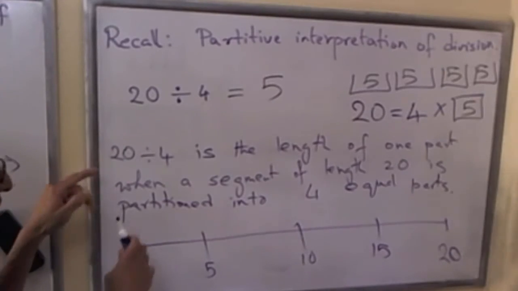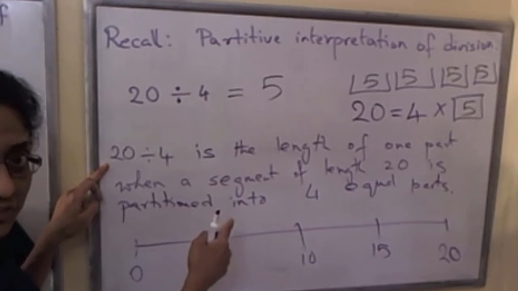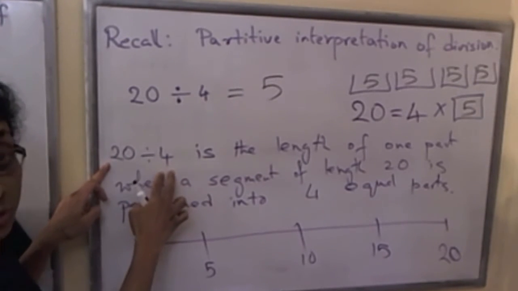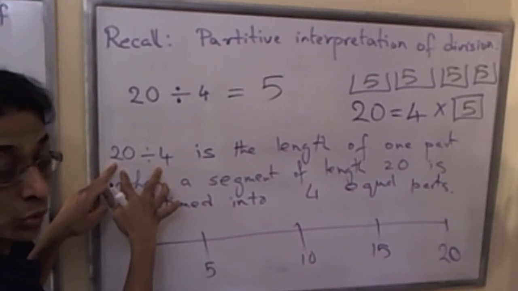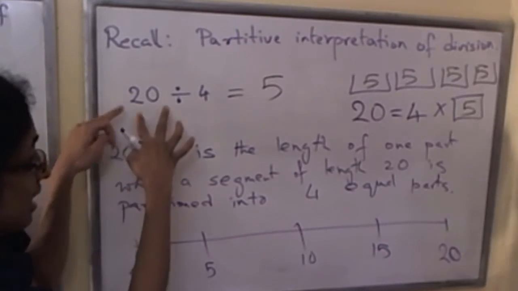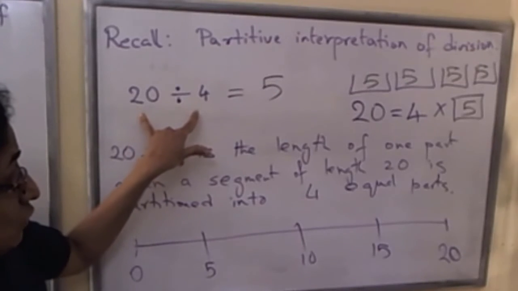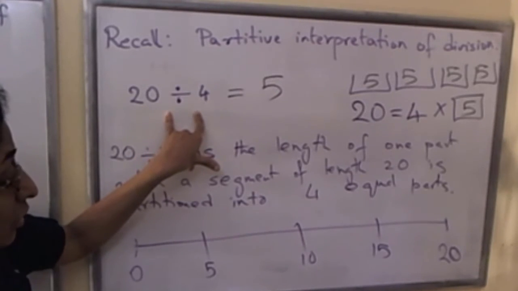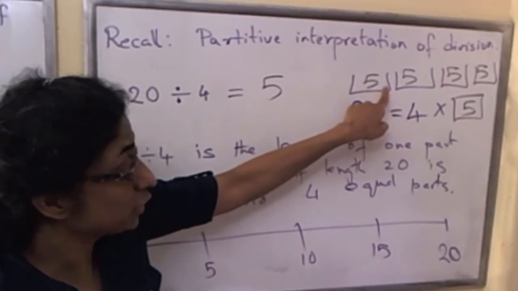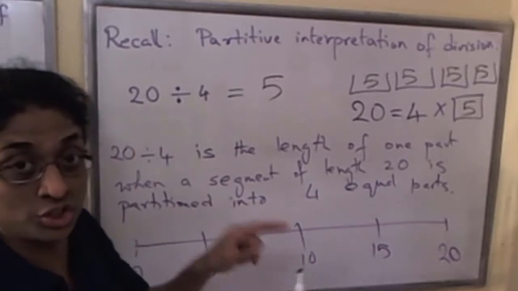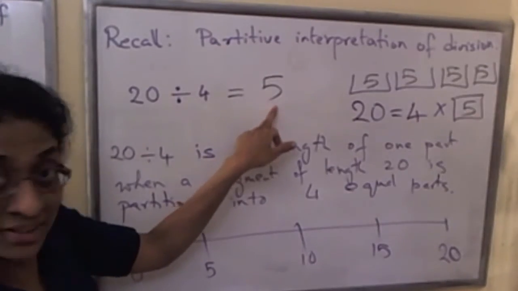And so notice that even though this looks like I'm giving a new definition, redefining 20 divided by 4, I'm really not. This way of thinking of 20 divided by 4 will give us the same answer as this way of thinking. Let's review this. Here we said 20 divided by 4 is the number of objects in each group when 20 is partitioned into 4 equal groups, and then we got the answer of 5.